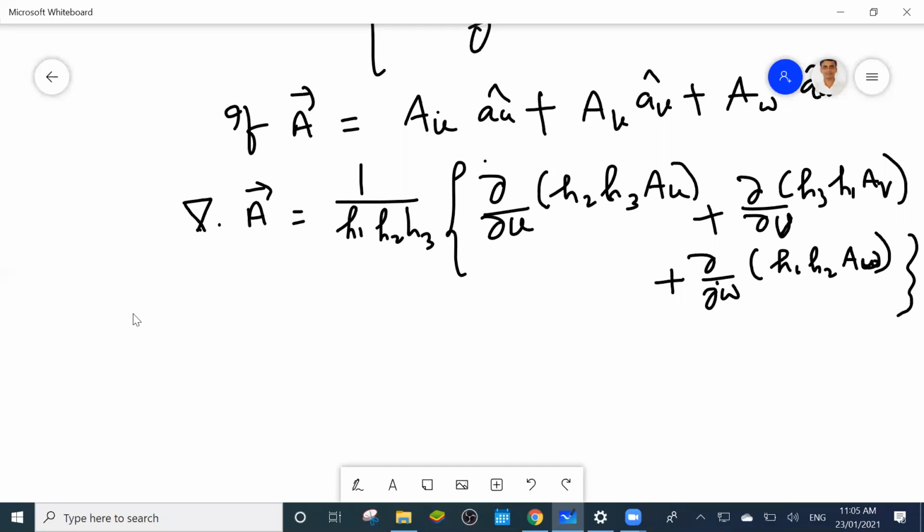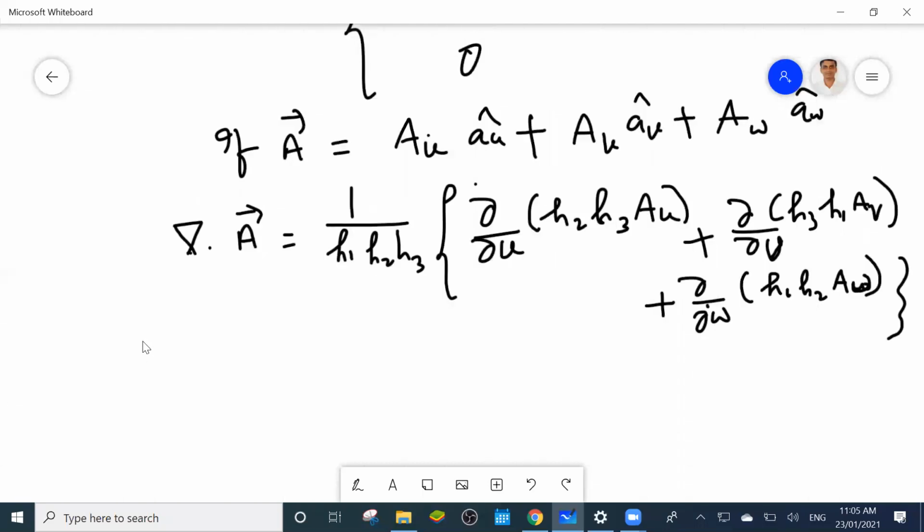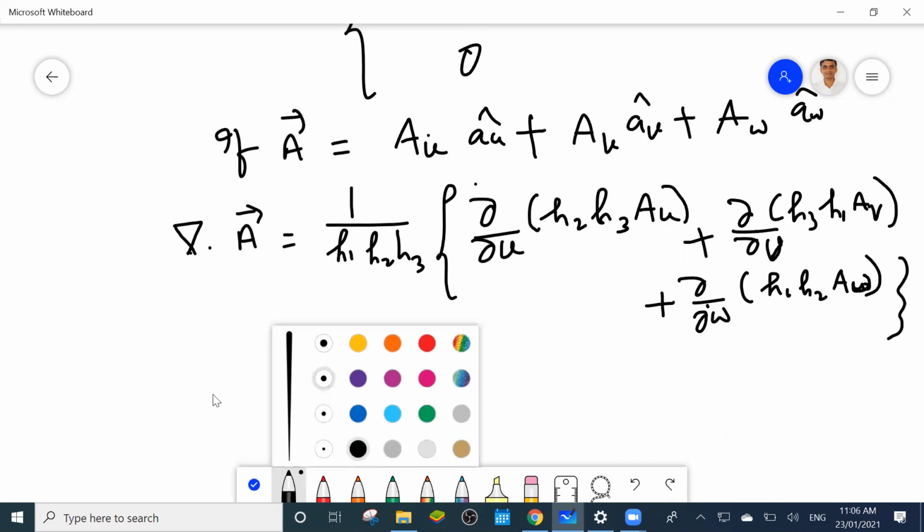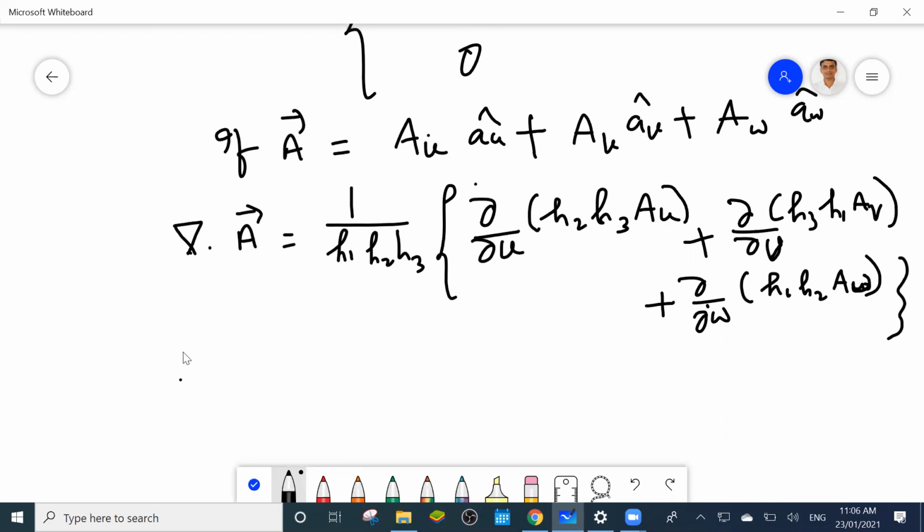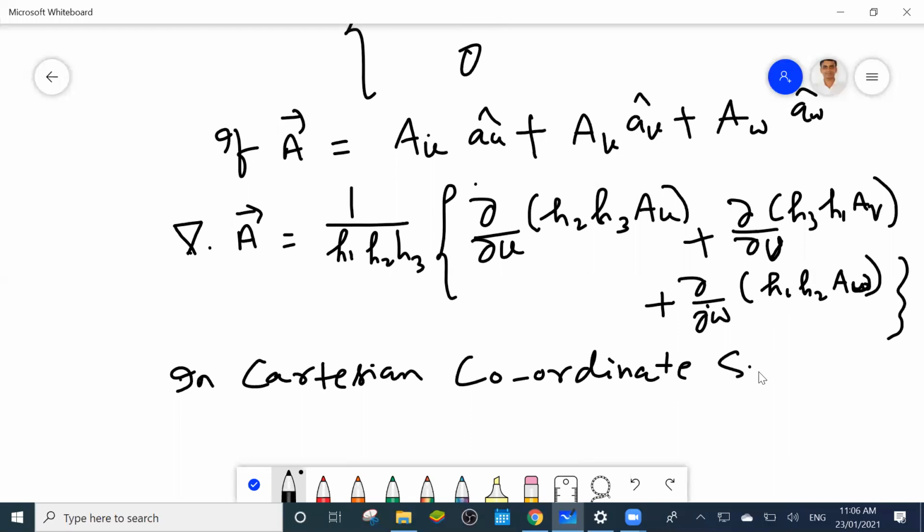If you write it, then show me what the value is. What is the h1, h2, h3 value?